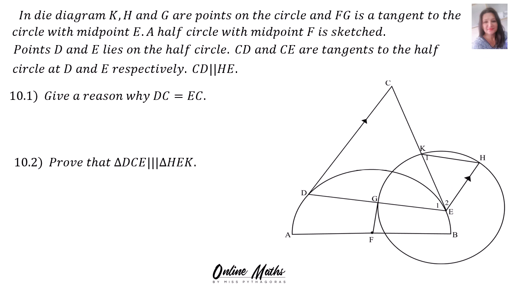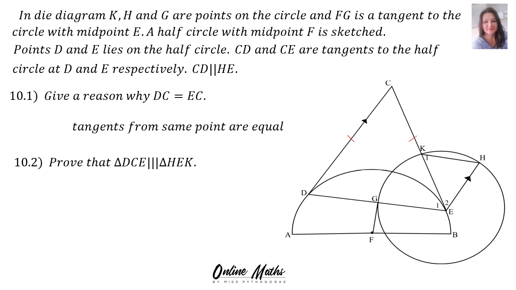Now, if you look at the sketch, remember they told us in the words that CD and CE are tangents. And we have a theorem that says tangents from the same point are equal.